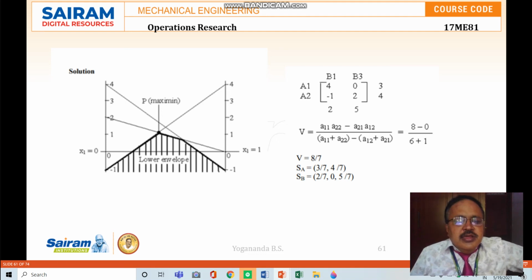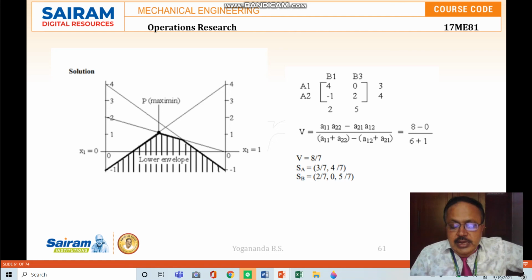From the base, if you measure the height of this point P, it also comes to 1.1, which is the same as this 8 by 7. So these two lines, that is 0 comma plus 2, and then we have 4 minus 1.